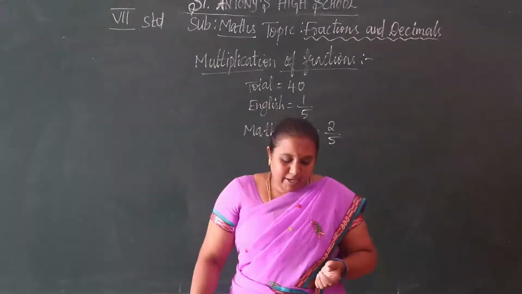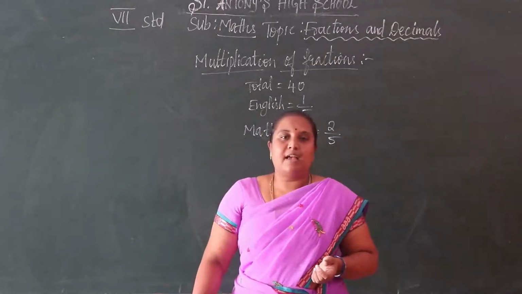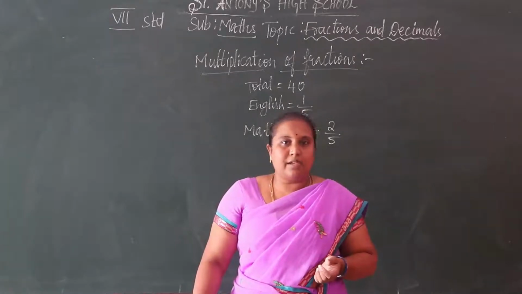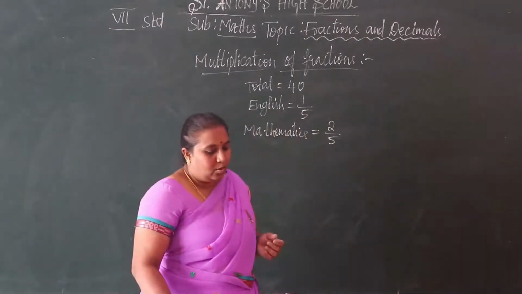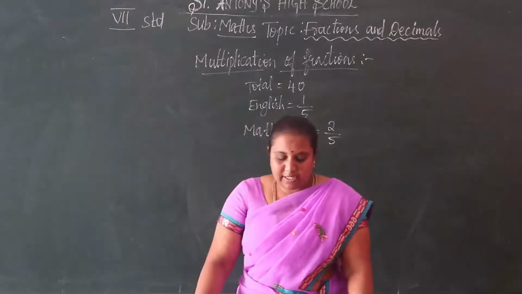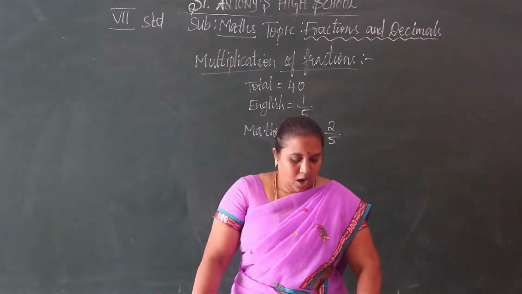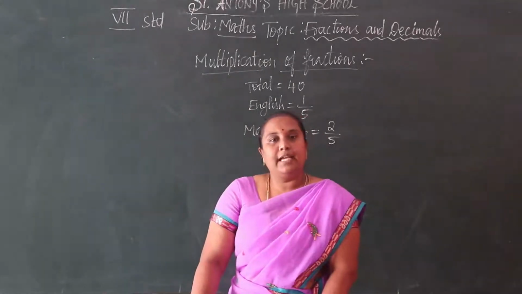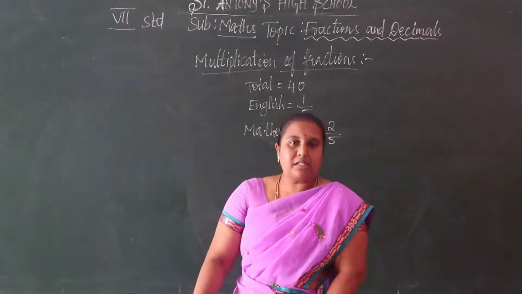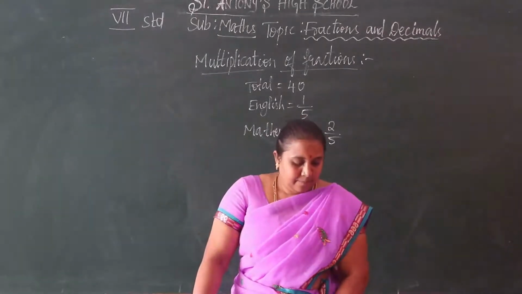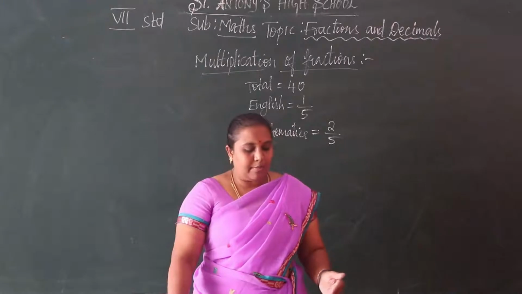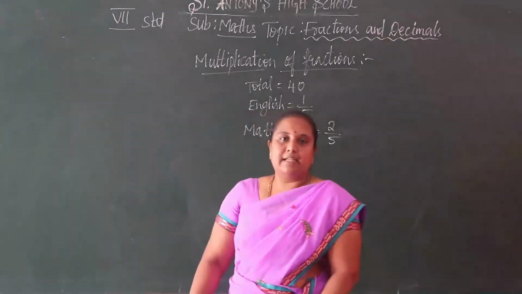And the remaining students like to study science. So here we want to calculate how many students like to study English, how many like to study mathematics, and what fraction of the total number of students like to study science.